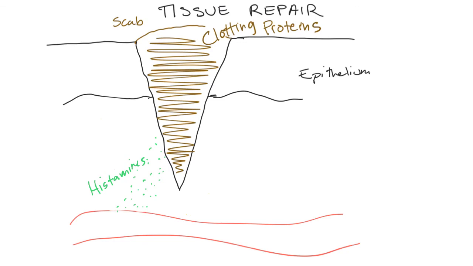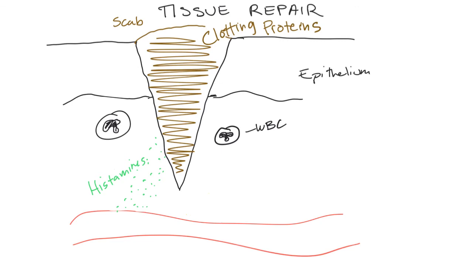What happens with inflammation is you start to get fluid in the area and a collection of white blood cells, because you've just exposed this internal environment to the external world.